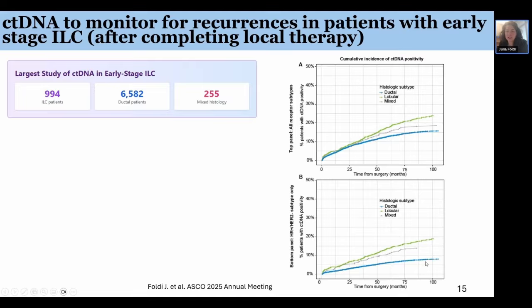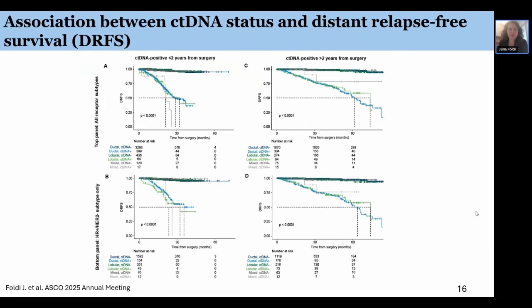This is in months, so 100 months. Almost 20% of patients had a positive ctDNA test up to that point, which is quite a bit higher than for patients with ductal cancers. So again, indicating that there is something different about ILC, and maybe it's a disease where ctDNA testing has a unique role.